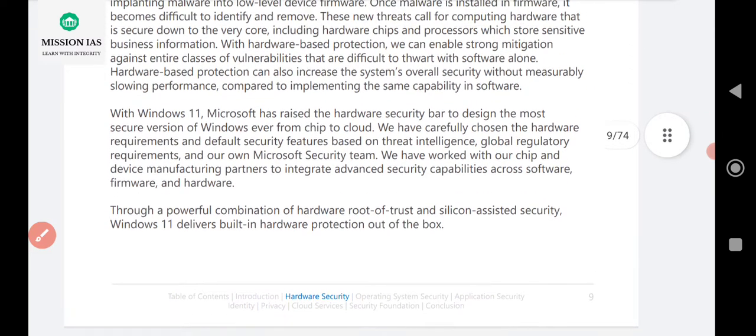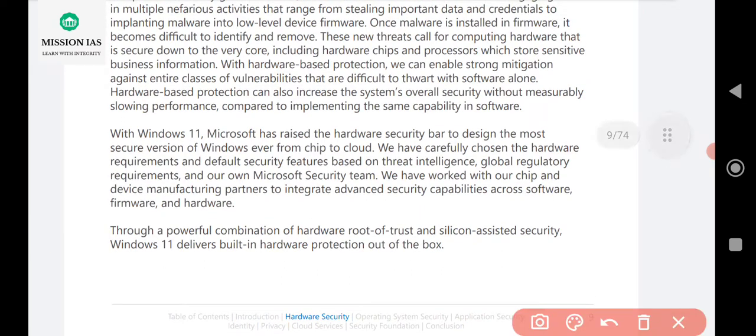Coming to Windows 11 security and Microsoft's provision of hardware devices, Microsoft has raised the hardware security bar to design the most secure version of Windows ever, from chips to cloud.